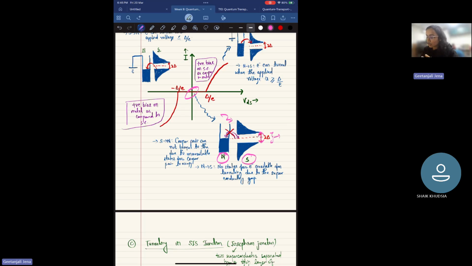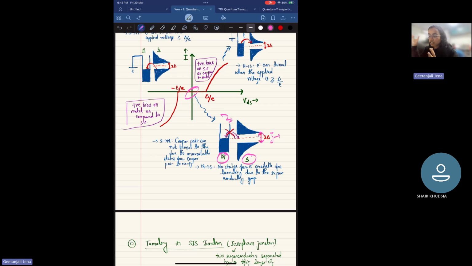So that is why, if you try to move an electron from metal to superconductor, it won't be possible. So electrons can't move from the metal side to the superconductor.